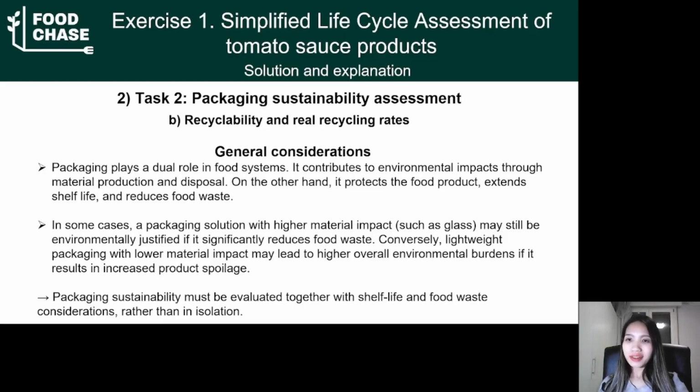In contrast, lightweight packaging with lower material impact may lead to a higher overall environmental burden if it results in increased product spoilage. So, packaging sustainability must be evaluated together with shelf life and food waste considerations, not only the packaging itself.